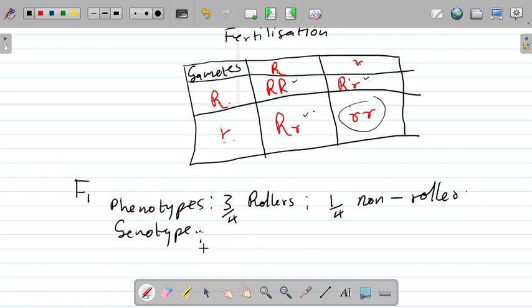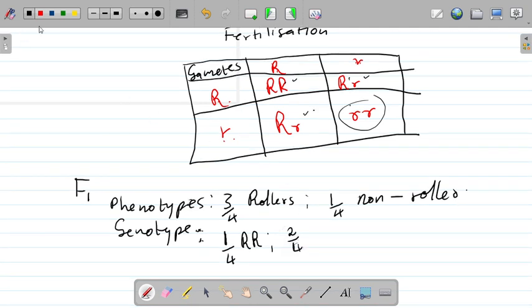The genotypic proportions might differ from phenotypic proportions. You might say that you have 1 over 4 that is homozygous dominant, and then 2 over 4. What do I mean by 2 over 4?